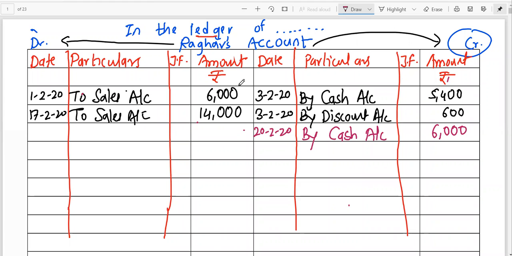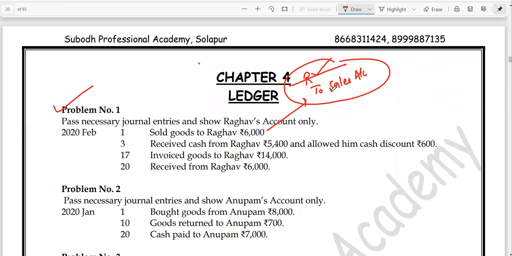Sir, why should we prepare the JF column, sir? For presentation only. Raghav's account debit to sales account means we have debited Raghav's account in this entry. So go to Raghav's account debit side. Write down the date first, and then on the debit side we write 'To'.